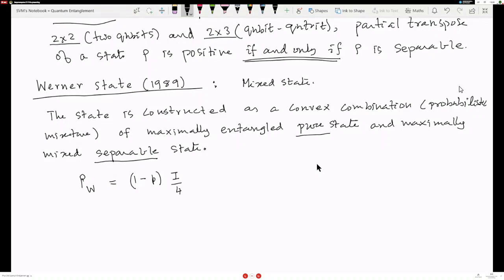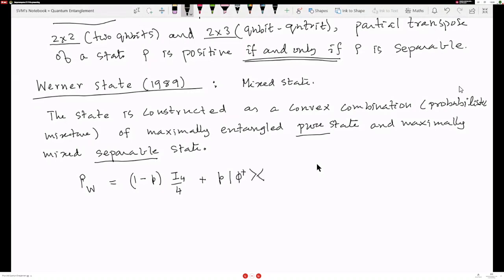I by 4 is basically the 4 by 4 identity matrix divided by 4. If you want, I can write it as I4 by 4, plus p times one of these Bell states.